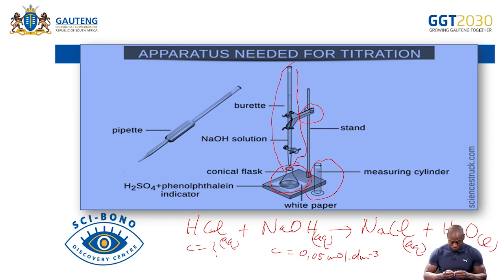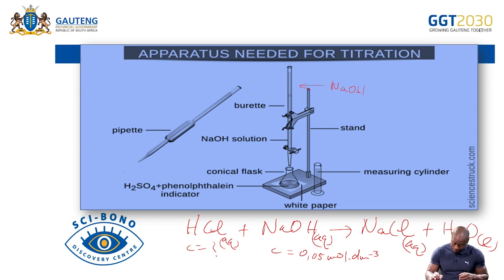So what do we do when we perform this experiment? Remember, you have a burette and you also have the conical flask where you are going to transfer your solutions. In your burette, you are going to have sodium hydroxide, your standard solution, so you know the concentration here.